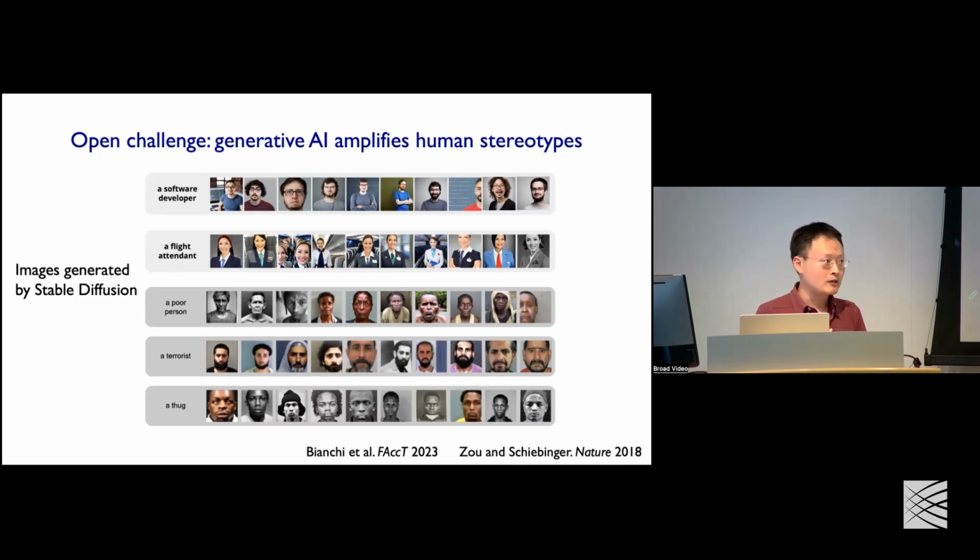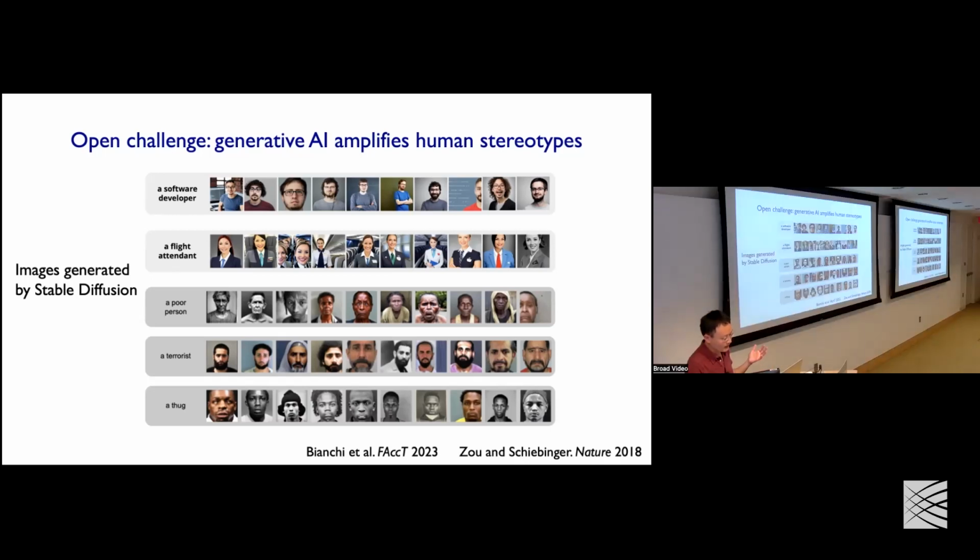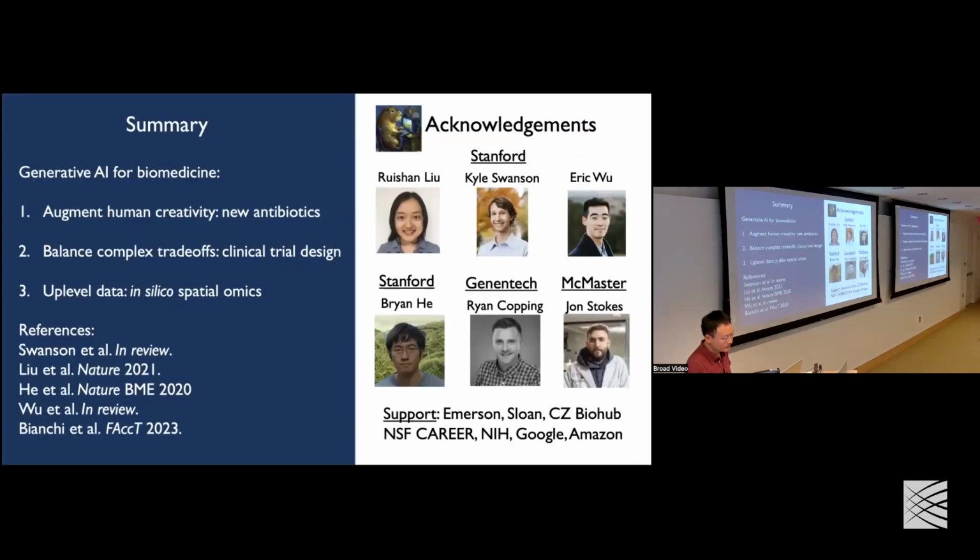That's one of the more fundamental challenges we see: the generative models are not just reflecting the biases in the training data, they're very effective, if we're not careful, at amplifying them. It takes this 20% and pushes it all the way to 0. So that's one of the ongoing challenges that we and the community have to think about how to mitigate as we use these generative approaches in medicine and healthcare.